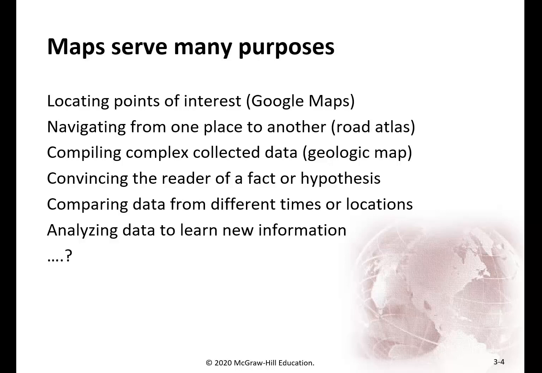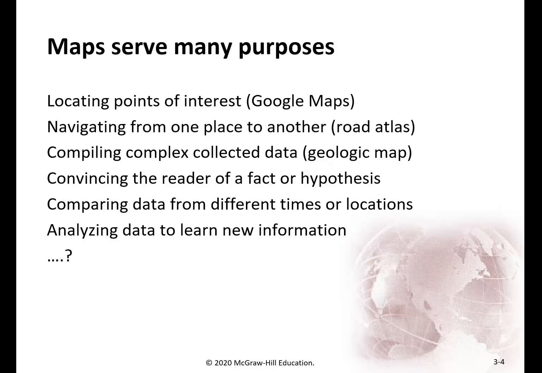We need to navigate, navigating from one place to another, compiling complex data, convincing the reader of a fact or hypothesis, in essence, what we are trying to display on the map, comparing data from different times or locations, as well as analyzing data to learn new information.